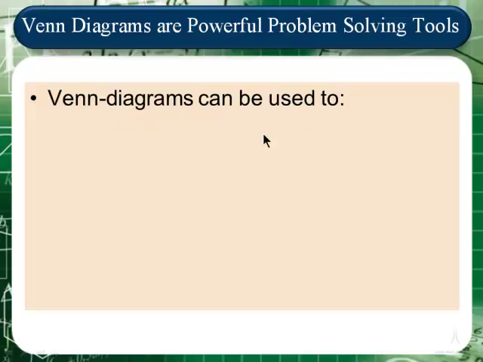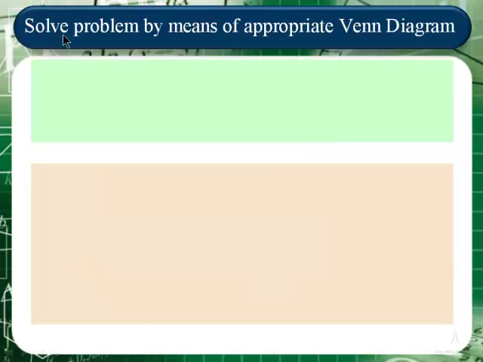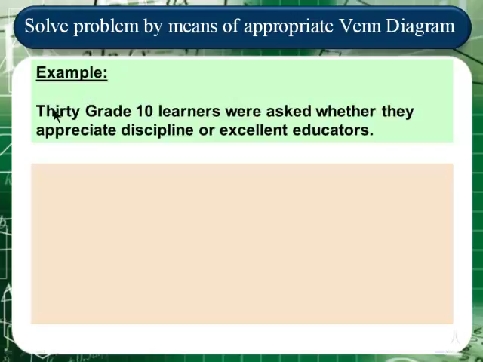Let us look at Venn diagrams and Venn diagrams as powerful problem-solving tools. Now, Venn diagrams can be used to solve non-routine problems, model clear verbal descriptions, and solve probability problems. Let us consider a problem which we can solve by means of an appropriate Venn diagram. Here is an example. 30 grade 10 learners were asked whether they appreciate discipline or excellent educators.